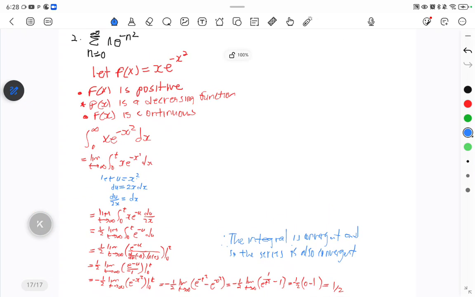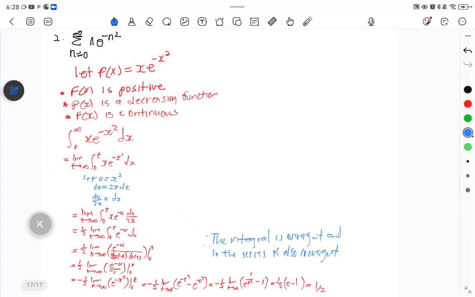Now, from the integral test, we can also look at the P series test. So this one, you should look at it and also know that we have a proof for it that can possibly come.